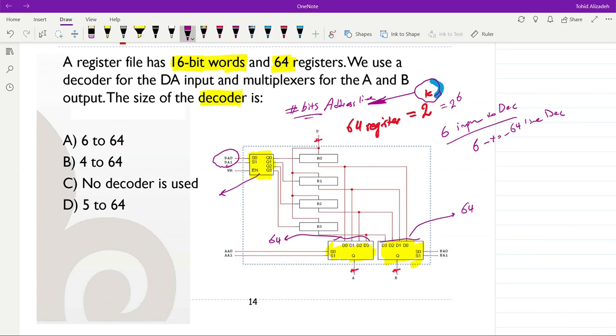So our multiplexers will be 64 to 1 line multiplexers, and obviously the number of bits for the B address and A address lines will be similar to what we have for the D address, which is 6. Okay, so we would need to have 6 select inputs for our multiplexers, and then we can say that option A is the correct answer for this question.